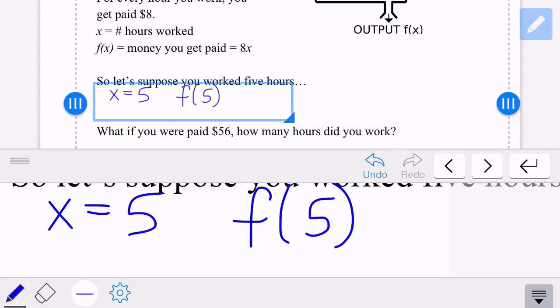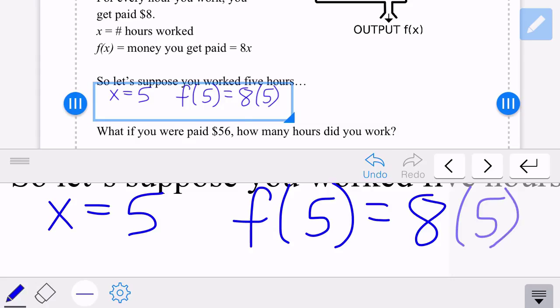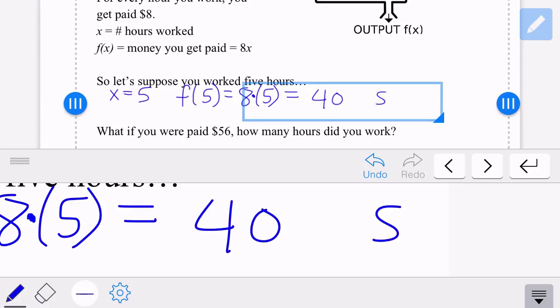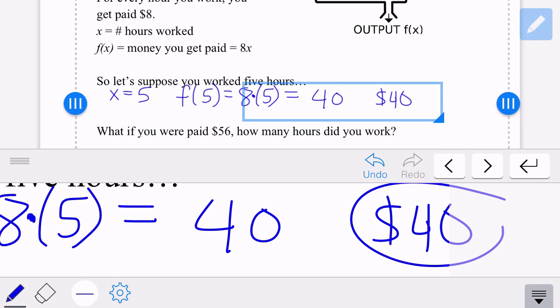So that's saying f of 5, and that's going to be equal to 8 times 5. You're plugging that 5 in for the x. So really, here, that's being multiplied. So 8 times 5 gives you 40. So you earned $40. Woohoo!